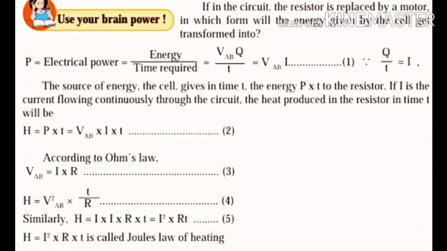If I is the current flowing continuously through the circuit, the heat produced in the resistor in time t will be H is equal to P into T, which is equal to VAB into I into T. According to Ohm's law, VAB is equal to I into R.